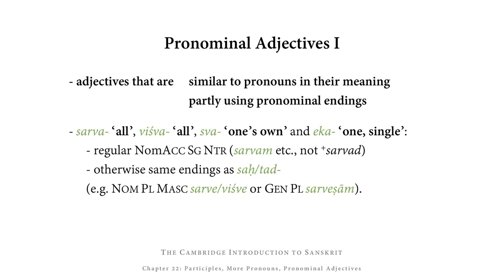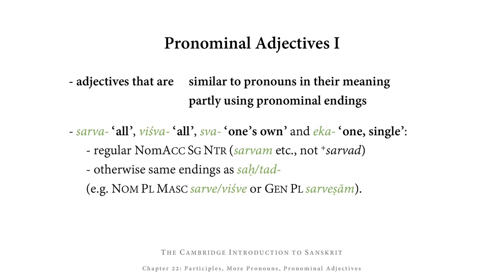In addition to pronouns and adjectives, Sanskrit also has something called pronominal adjectives. These are adjectives that are similar to pronouns in their meaning and therefore partly use pronominal endings. So basically pronominal adjectives are between pronouns and adjectives, both in their meaning and in their forms. These are sarva, meaning all, vishwa, meaning all, swa, meaning one's own, and eka, meaning one or single.